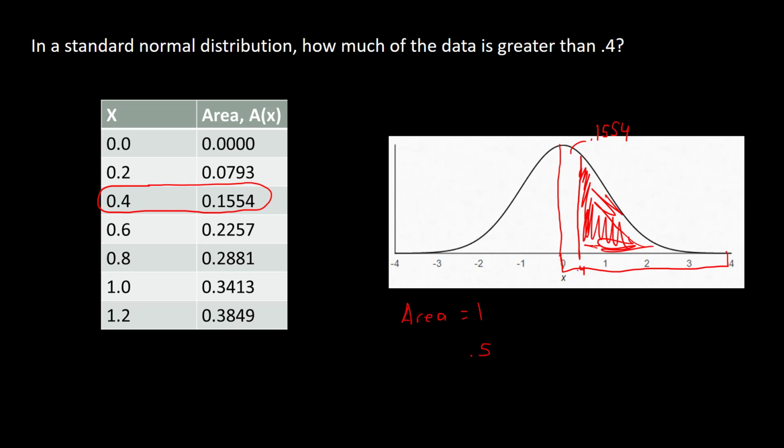If I simply take 0.5 and subtract this 0.1554, I will find the area over here, which is going to be 0.3446, which can be converted to a percent as 34.46%. And we know this is going to be true because if we add 0.1554 plus 0.3446, we're going to get 0.5, or half of the area of the graph.